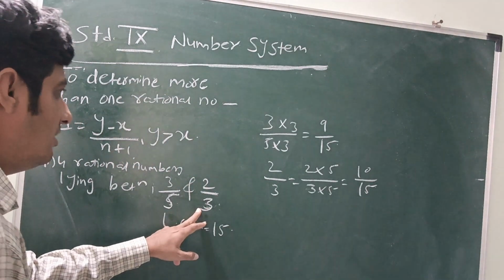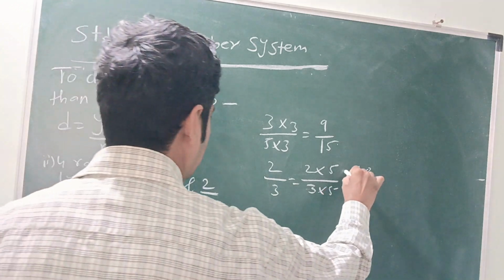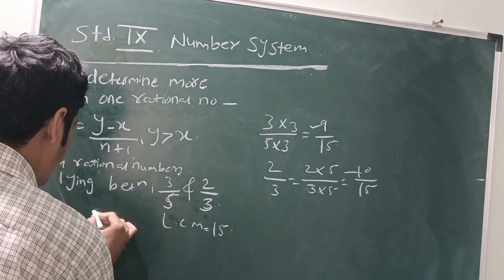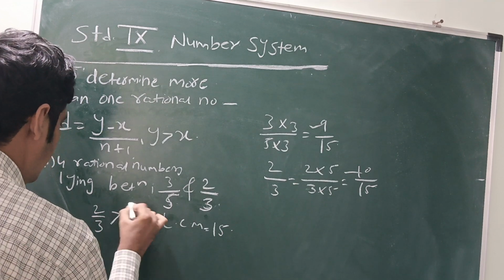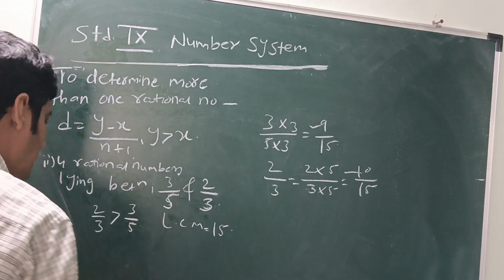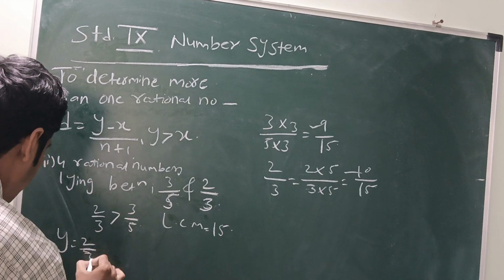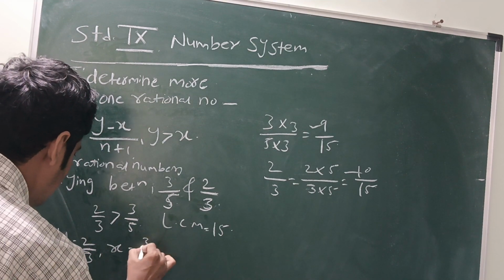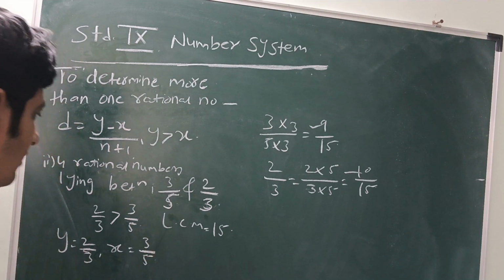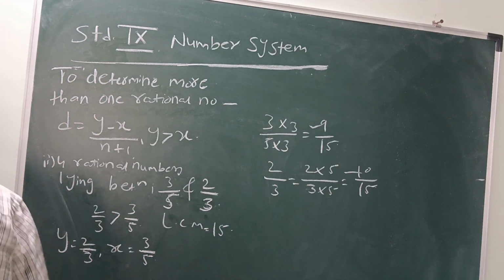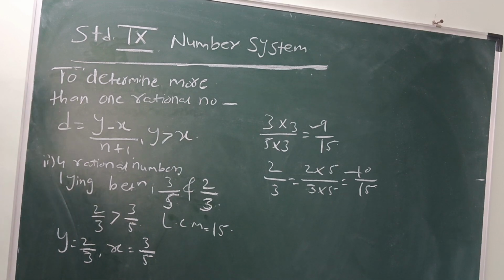So the value for this one is greater, 10 is greater than 9. So 2 upon 3 is greater than 3 upon 5. So the value for y is 2 upon 3 and x is 3 upon 5. Now we have to use this formula, (y minus x) upon (n plus 1).